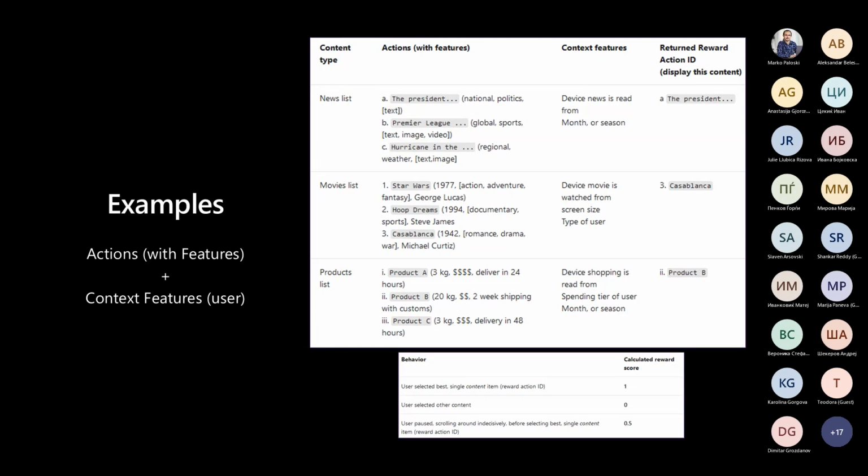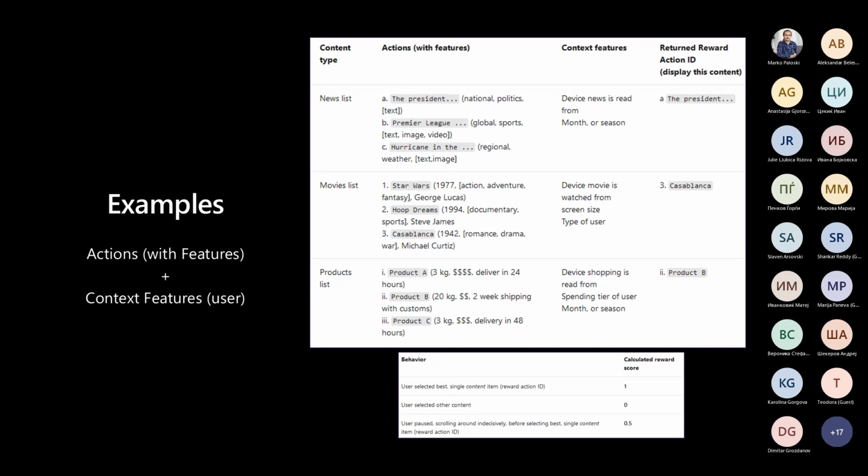It could be anything. For the user that uses your application, you can get their device information, or in what part of the world they are, or what time of day they are using the application.